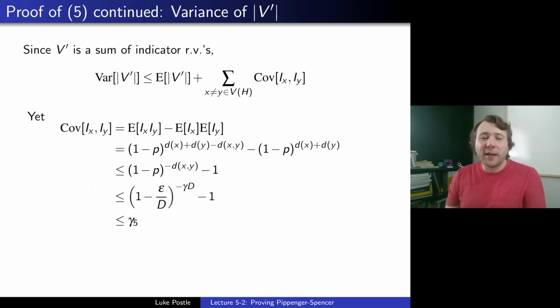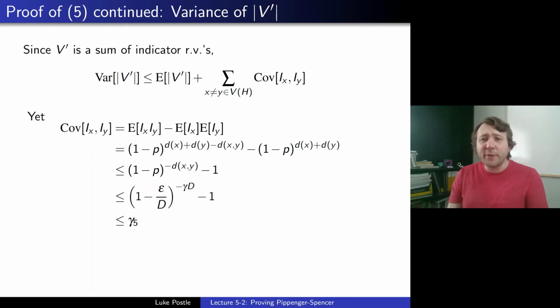So again, 1 minus epsilon over d to the d is like e to the minus epsilon there. Then we get plus epsilon once you put the negative sign in, but there'll be a factor of gamma there. So that number is somehow close to 1, and then when you subtract off 1, there's this little bit, but it's going to be dependent on gamma. So we're indeed able to upper bound that by some function, say, called gamma 5.